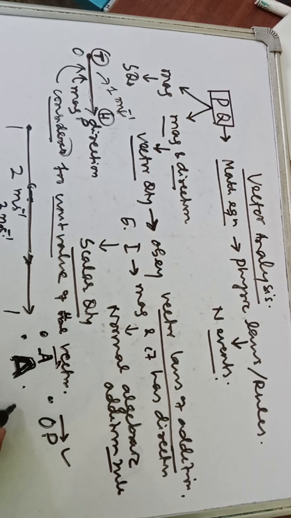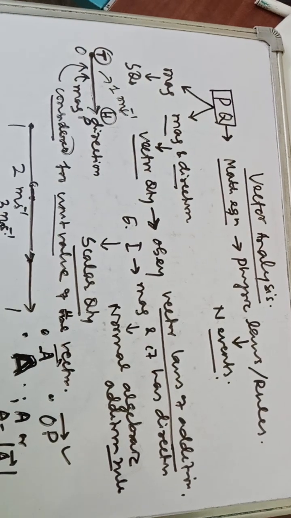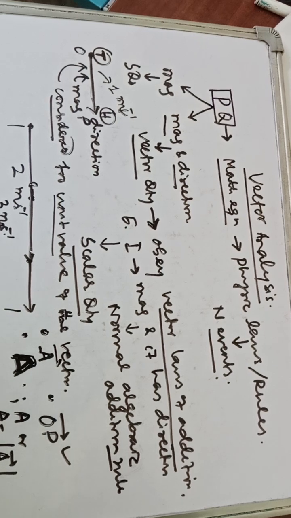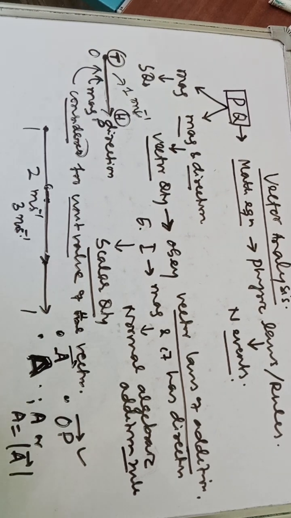And its magnitude is represented like mod A, or A is equal to the magnitude of the vector A. A represents the vector magnitude or mod of this vector.